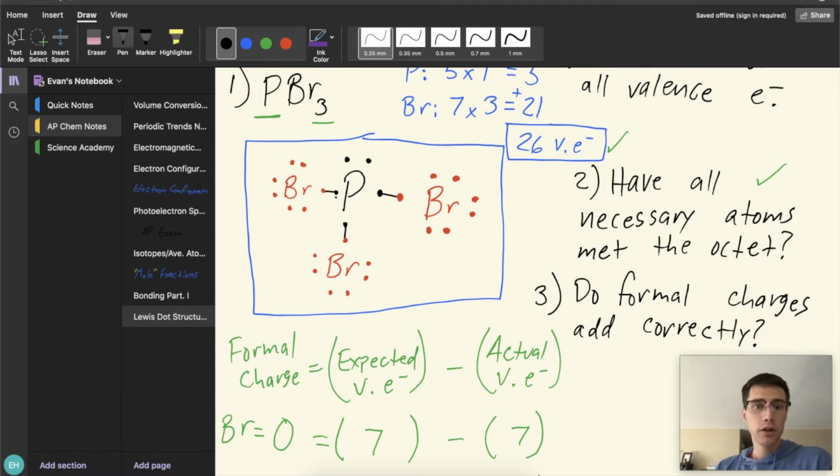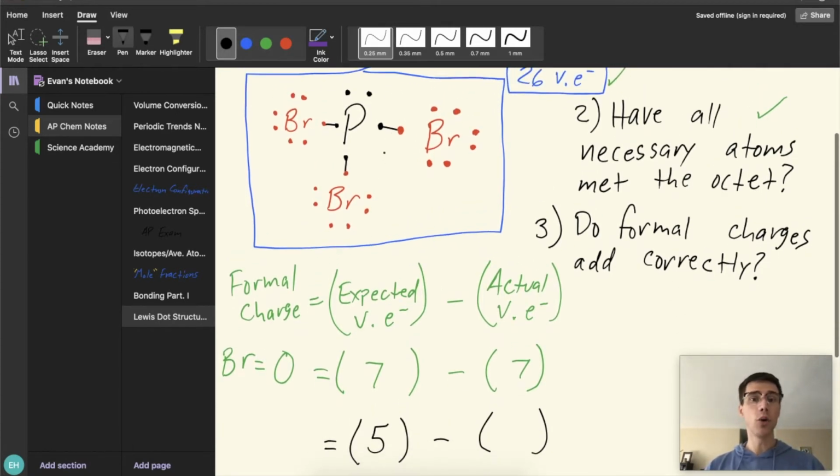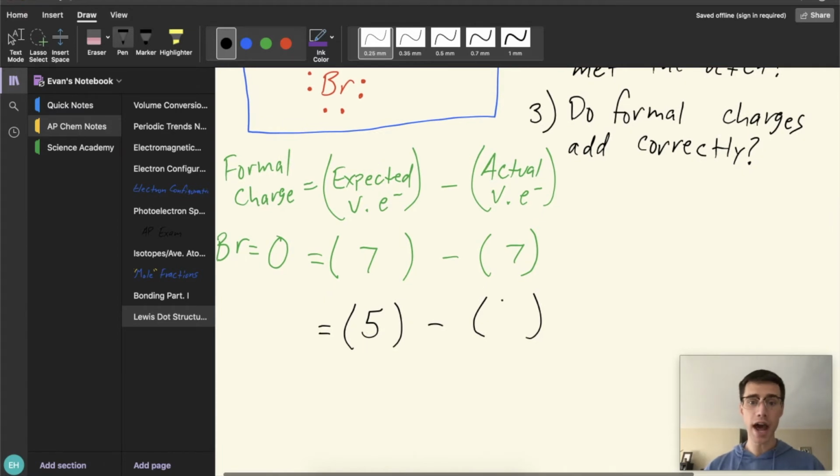So we have 1, 2, 3, 4, 5 valence electrons surrounding the phosphorus. Again, we ignore the red ones because they come from different atoms. Now, 5 minus 5, again, is 0. So the formal charge for our phosphorus is, in fact, 0.